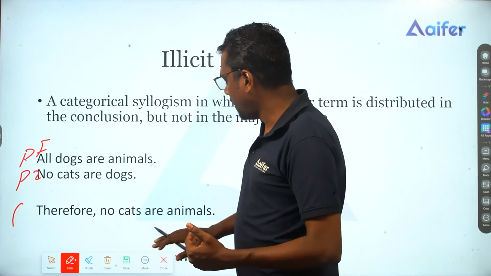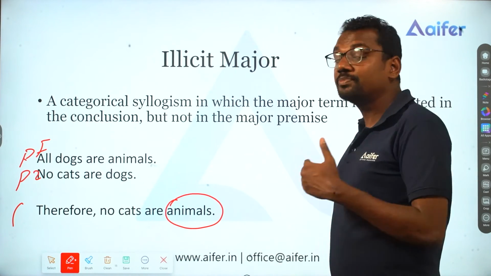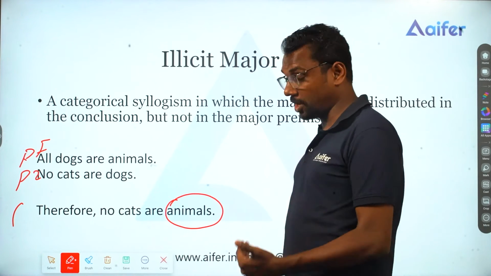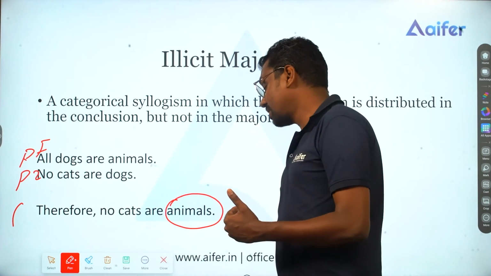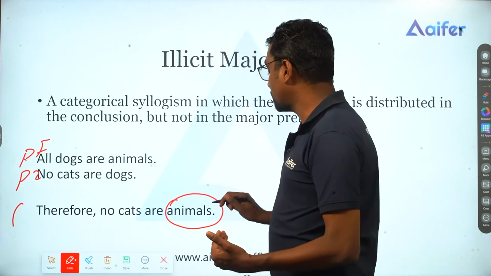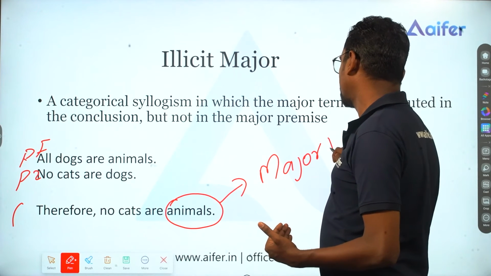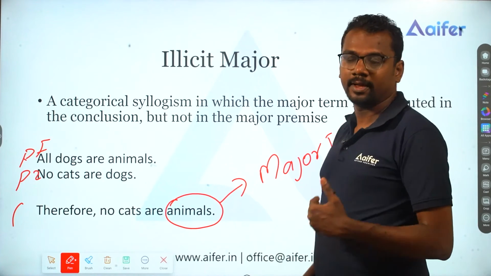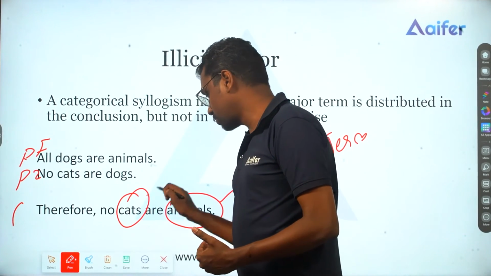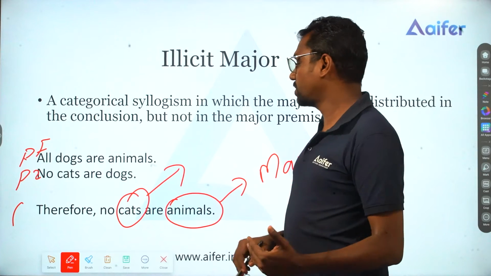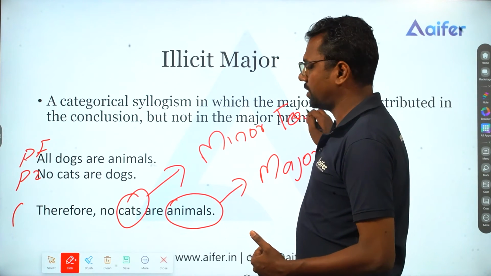So animals, the predicate of the conclusion, is the major term. Then the subject of the conclusion is the minor term. So cats is the minor term.